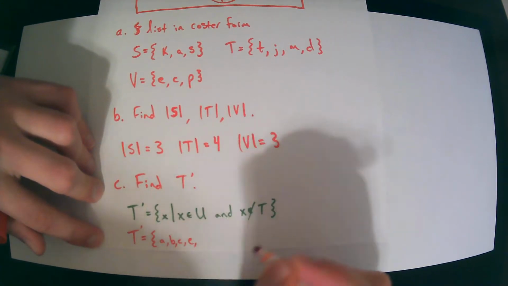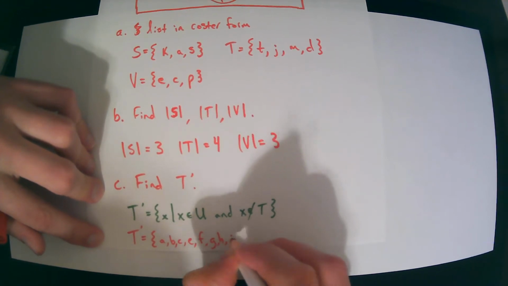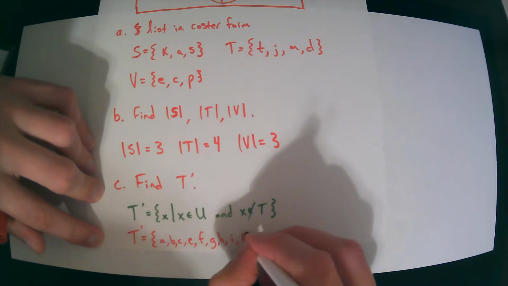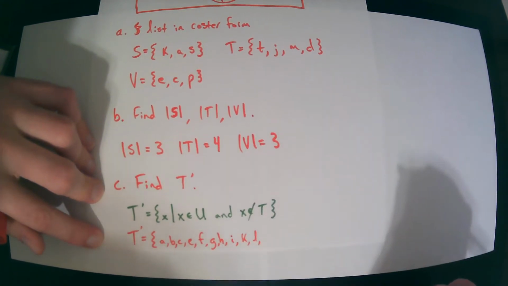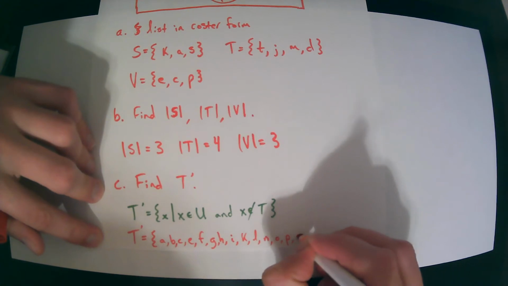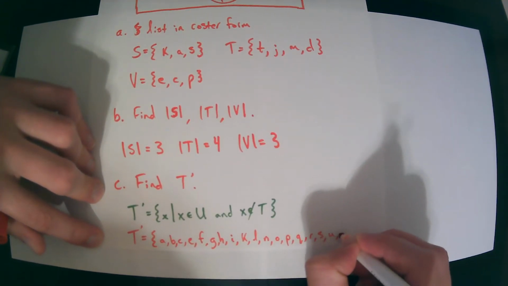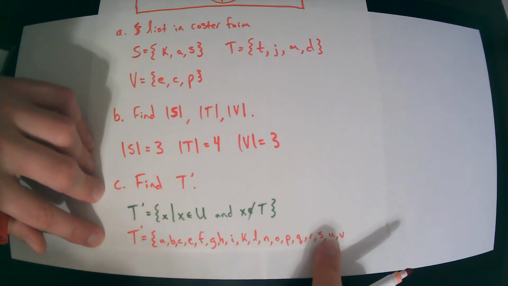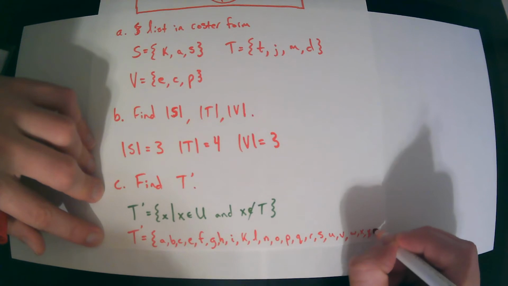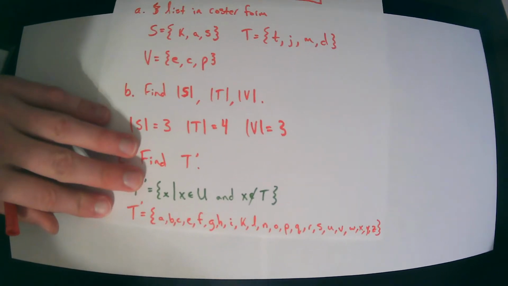D, okay, so no D, and then E, F, G, H, whoops, I, no J, okay, K, L, no M, N, O, P, Q, R, S, U, V, so I excluded T as well, and then W, X, Y, Z, oh, just enough room. It's a long set.